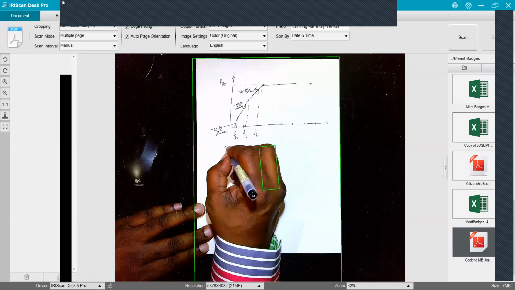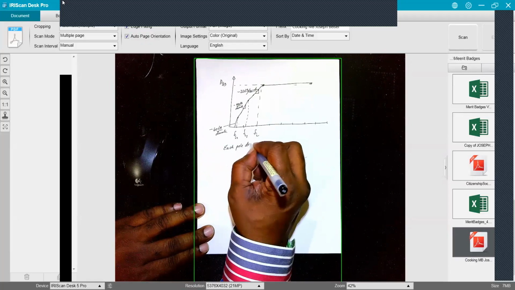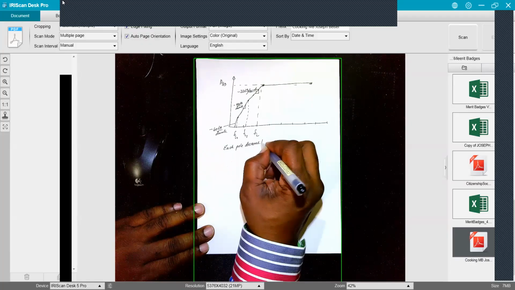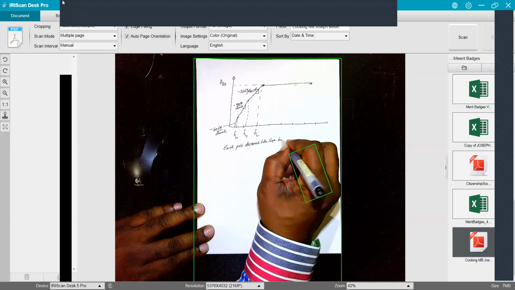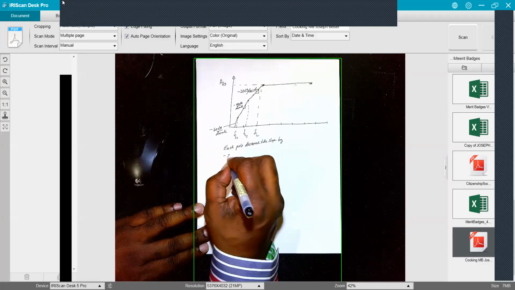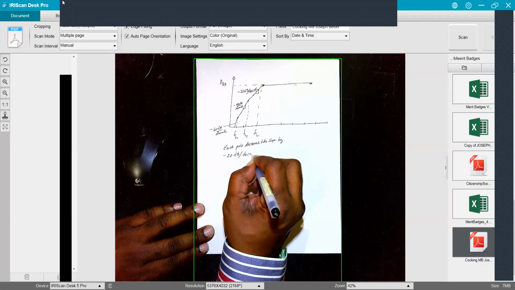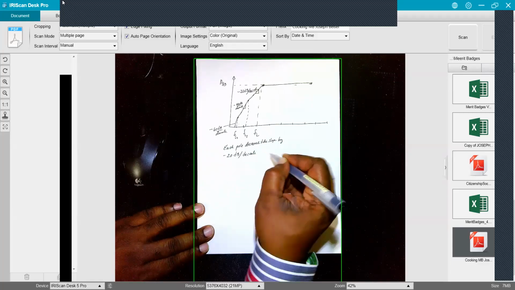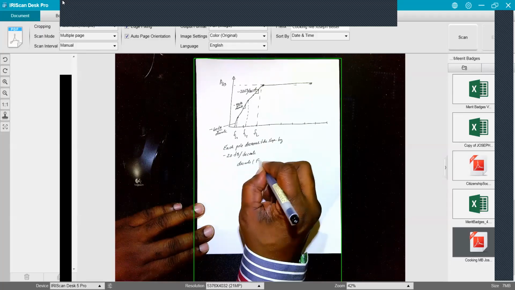So each pole decreases the slope by minus 20 dB per decade. For a decade, it's a factor of 10.